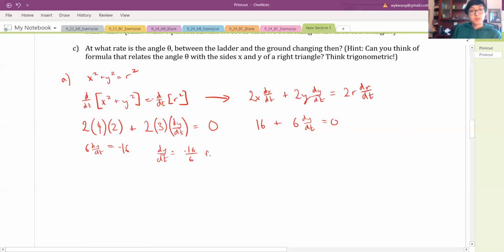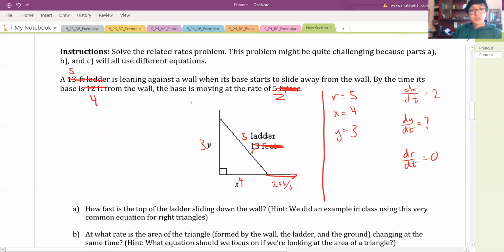Awesome. So that's feet per second. We solved the problem. We know now that the ladder is going down at negative 16 over 6 feet per second. That's just under negative 3 feet per second. It's going down.